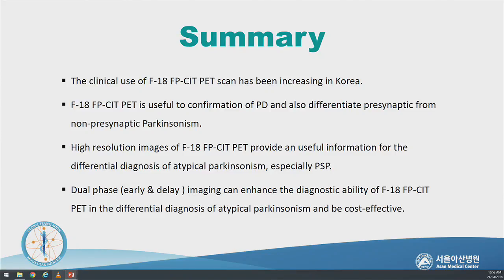And the high resolution image of FPCIT PET provides useful information for the differential diagnosis of atypical Parkinsonism, especially PSP, and dual-phase imaging can enhance the diagnostic ability of FPCIT PET in the differential diagnosis of atypical Parkinsonism and can be cost-effective. Thank you for your attention.